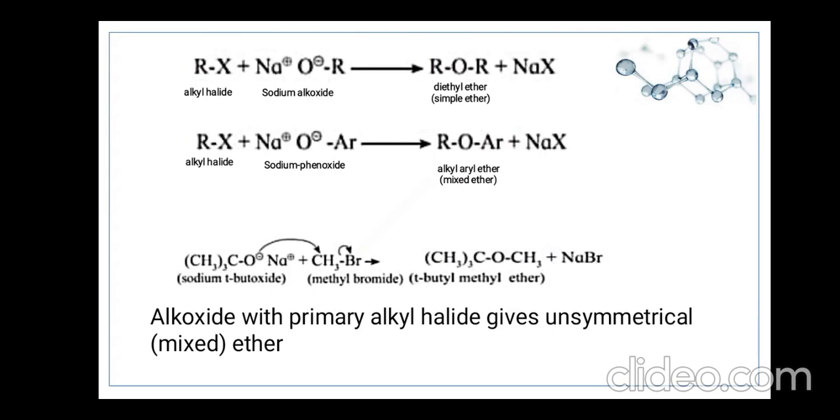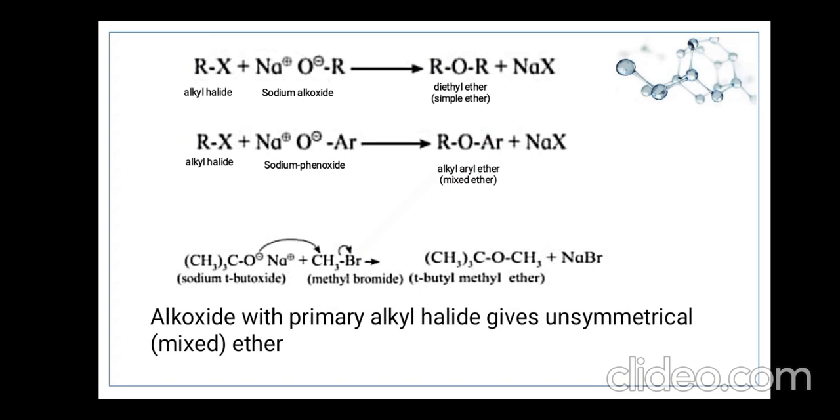Now this reaction, alkoxide with primary alkyl halide, gives unsymmetrical, that is mixed ether. Now students, you must have studied about simple or symmetrical ether or mixed, that is unsymmetrical ether.